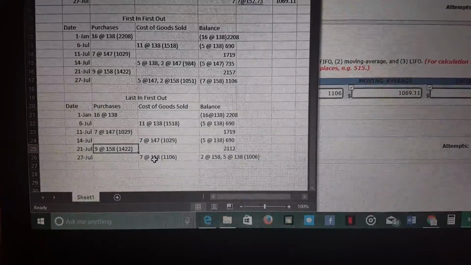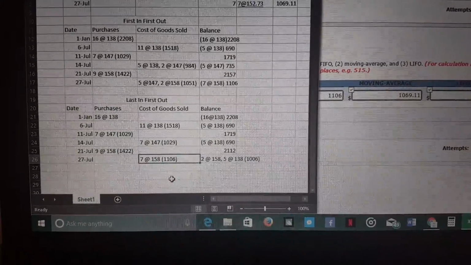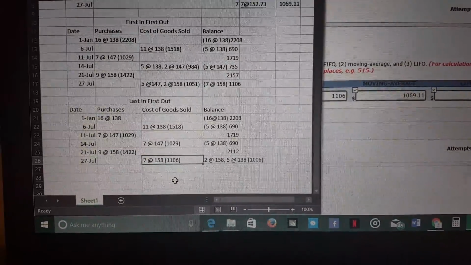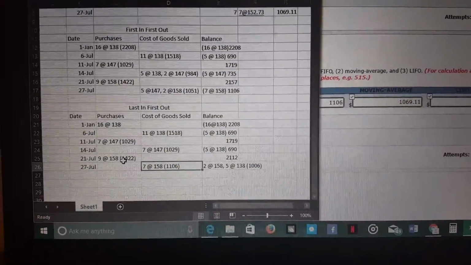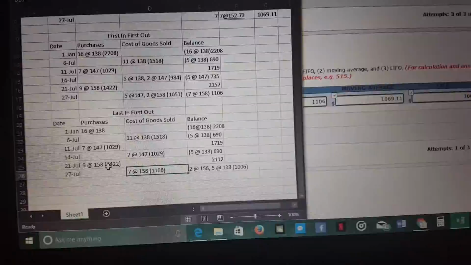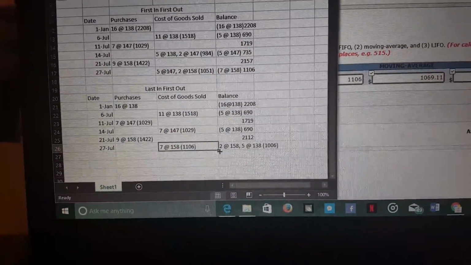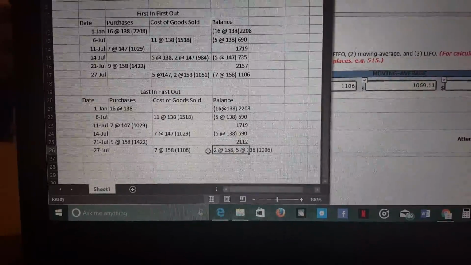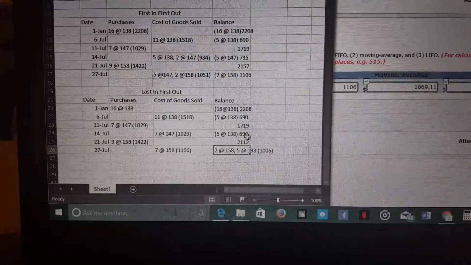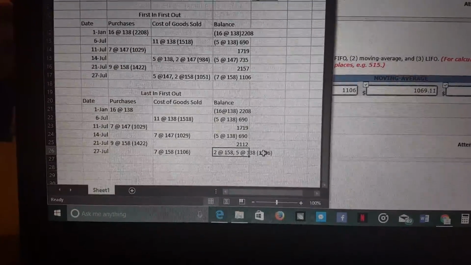And then on the last day, on July 27th, we are selling 7 again. And once again, last in, first out, we have to sell them at the 158 price. Those are the ones we're taking out from. And so then we sell those 7, but that makes us have 2 left at the 158 price, and then the 5 left at the 138 price.